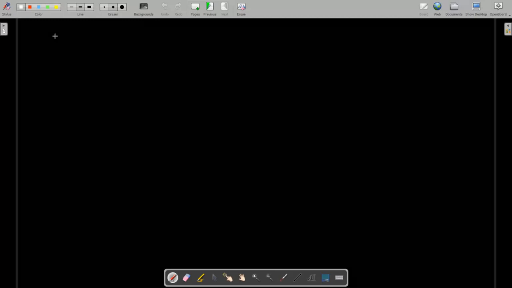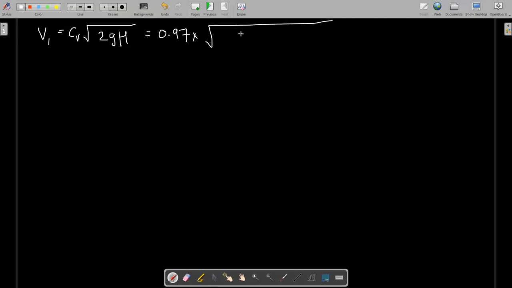So we can find first of all the absolute velocity at inlet, V1. V1 is Cv under root 2gh. What is Cv? 0.97 under root 2 into 9.81, and net head is 400 meter.